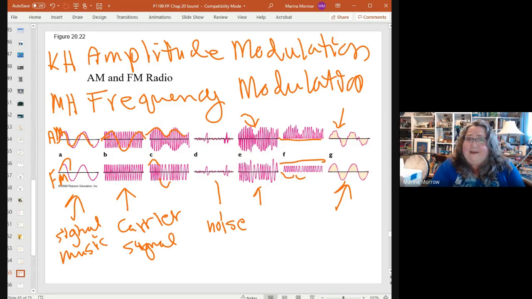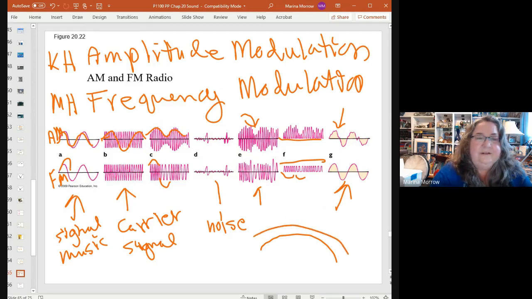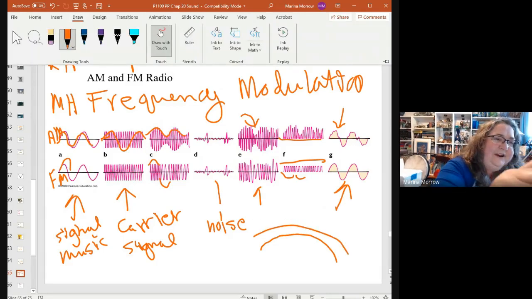So why do we use AM at all? Well, AM has some other advantages. One of the big advantages is when you're out far, far away from a city, about the only radio signal you can hear is AM. And of course our country is very large, so we can be far away from a city pretty frequently. What happens is that the AM signals can bounce off the ionosphere.